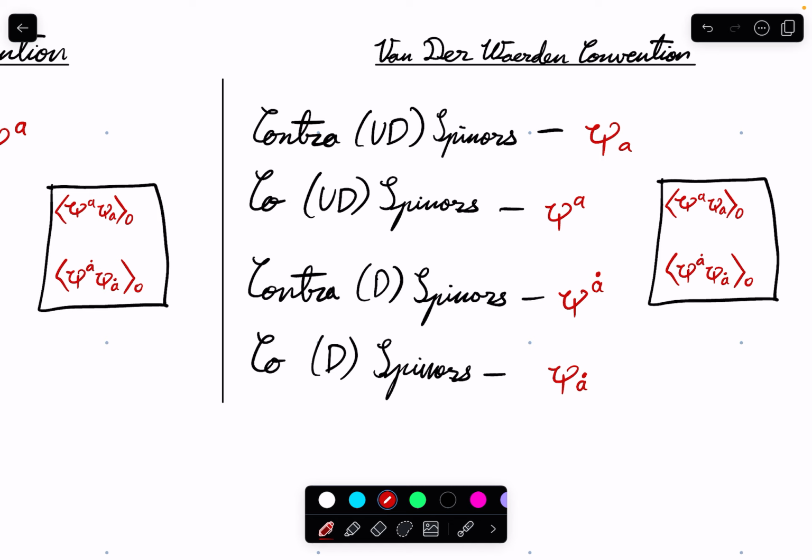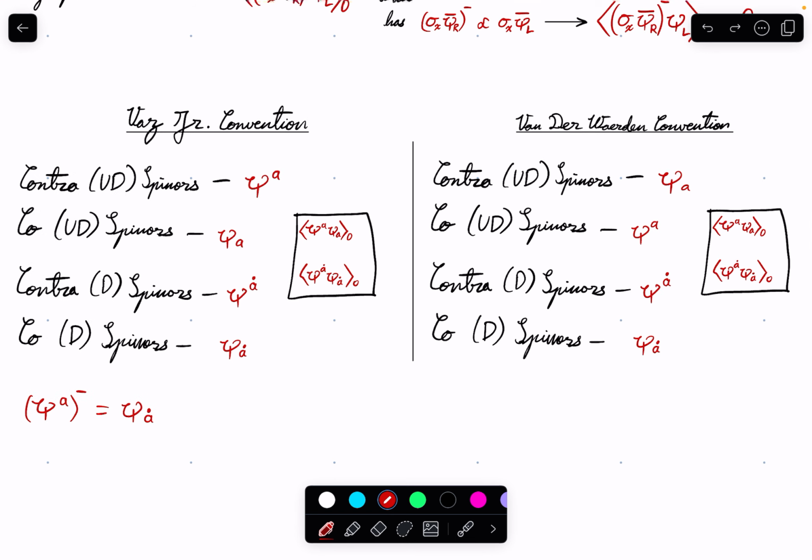So this actually becomes co. Okay, so the contravariant is up, and this is down.